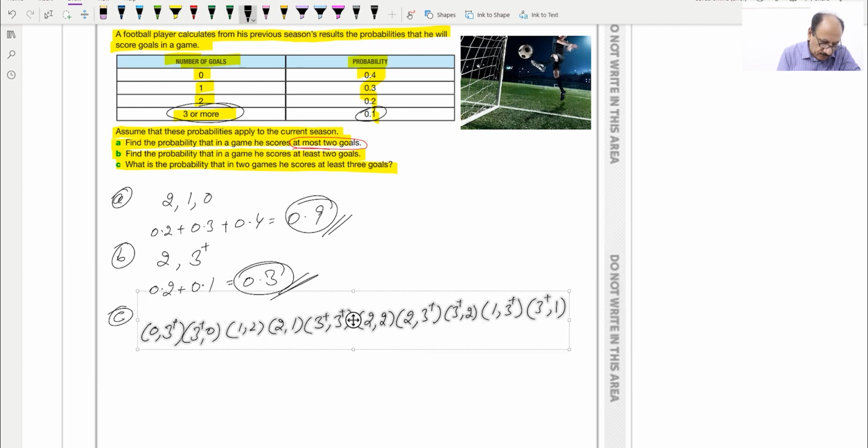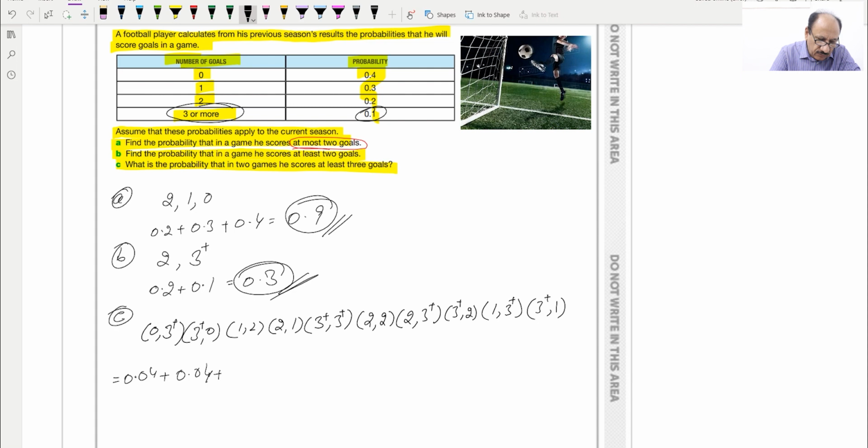Now we can write the probability of getting 0 is 0.4, and 3 plus is 0.1, so this will be 0.04. So we can write 0.04 plus again 0.04, and plus this will be 1 and 2.